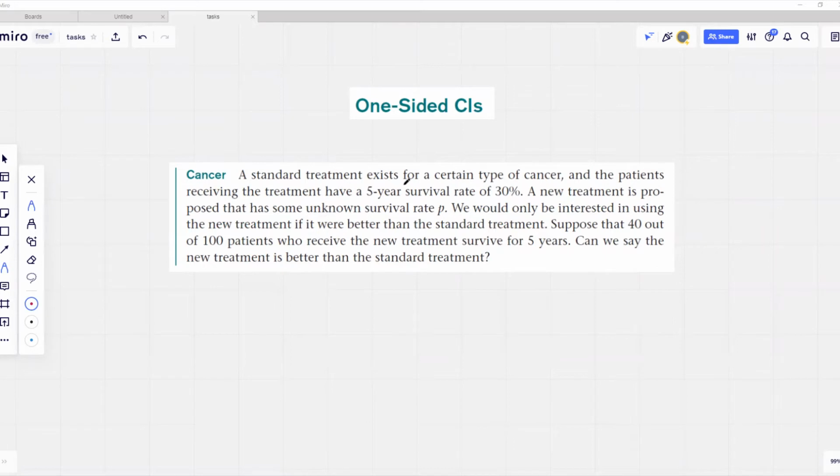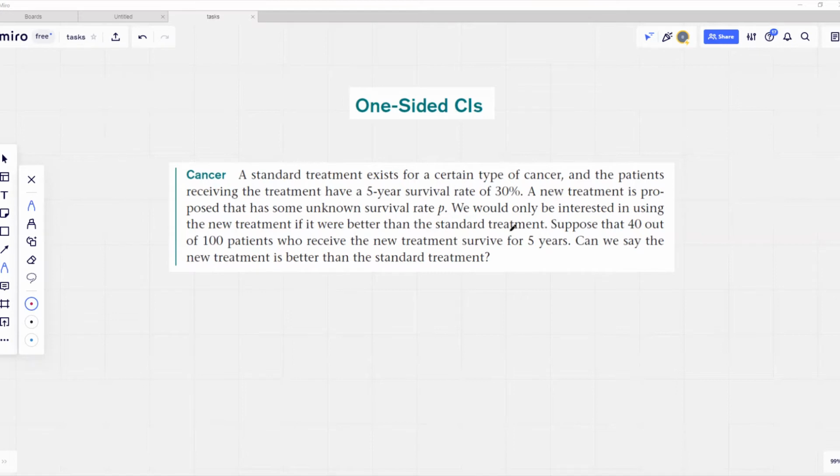A standard treatment exists for a certain type of cancer, and the patients receiving the treatment have 5-year survival rate of 30%. A new treatment is proposed that has some unknown survival rate P. We would only be interested in using the new treatment if it were better than the standard treatment.